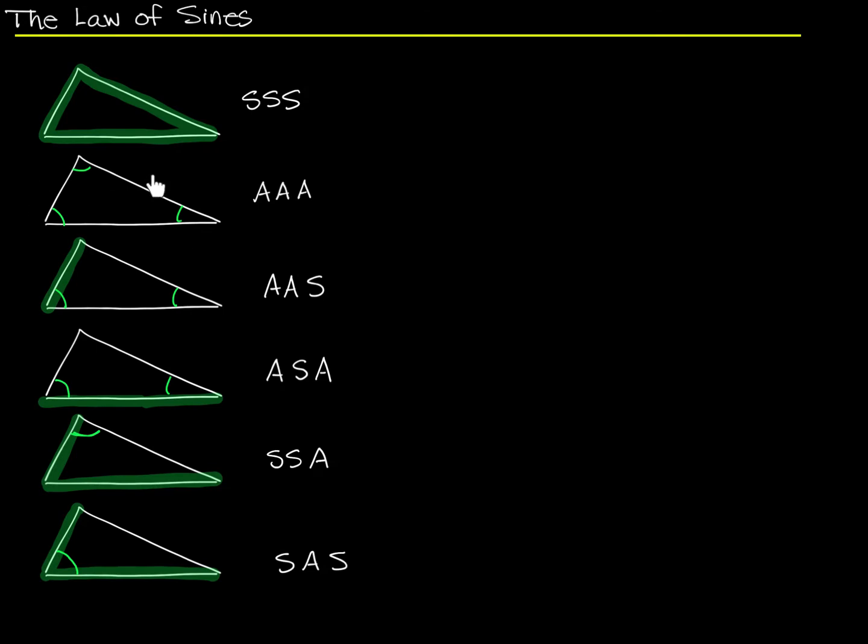The three angles case, on the other hand, if you have a triangle of this size and a triangle of this size, and the angles are the same size in both cases, then these are not unique triangles. These two angles are the same size, these two angles, and these two angles are the same size, yet the triangles are different sizes.